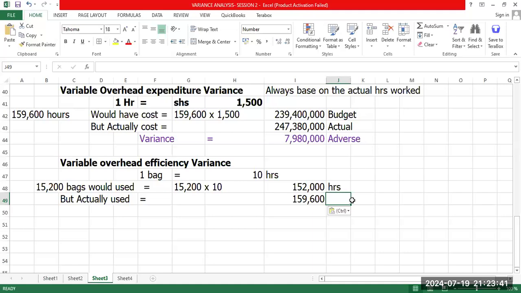Are you hearing me? Yes. Okay. The variance here we have is what? Is it favorable or adverse?